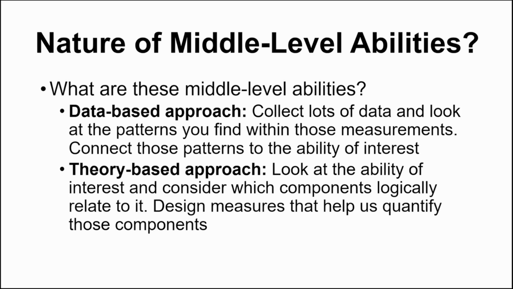But we can also have a theory-based approach where we start by looking at our idea of intelligence and making a theoretical or logical determination of how we could break down that one overarching idea into what should be maybe independent components. But we always stress that with the data-based approach, if we're doing it statistically, we're actually trying to get independent clusters.